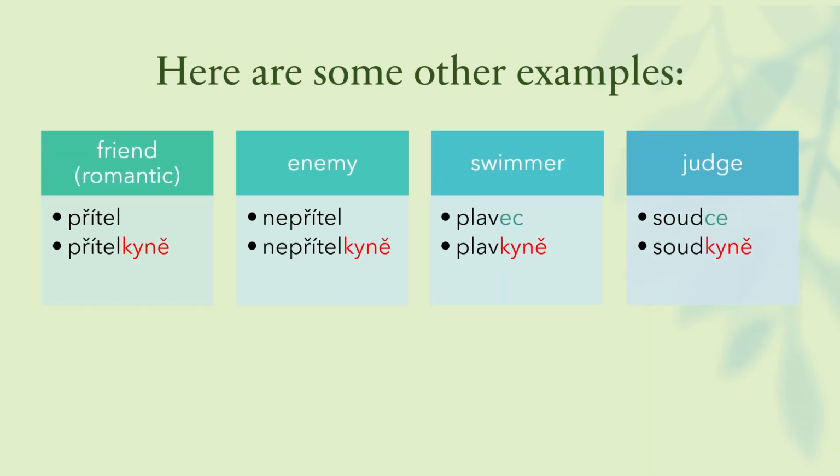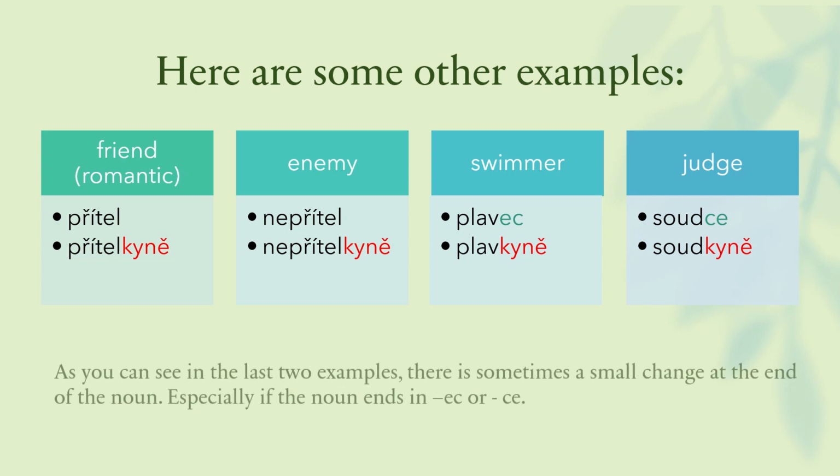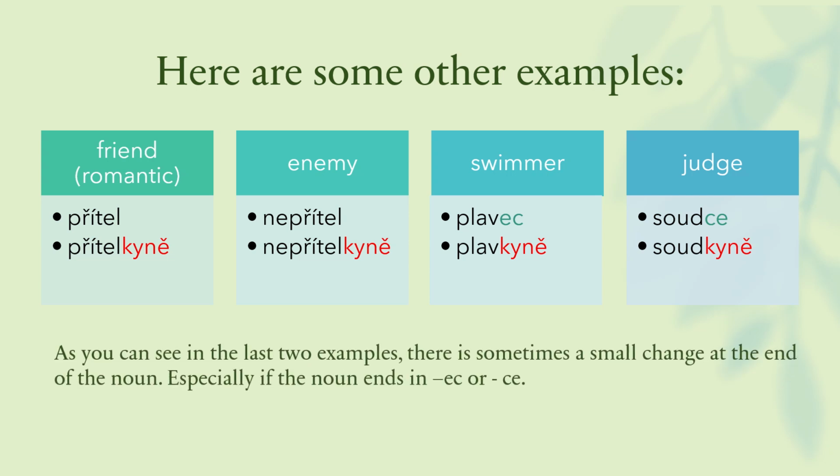Here are some other examples. A romantic friend would be in Czech přítel, a male romantic friend. A female romantic friend would be přítelkyně. An enemy in Czech is nepřítel.